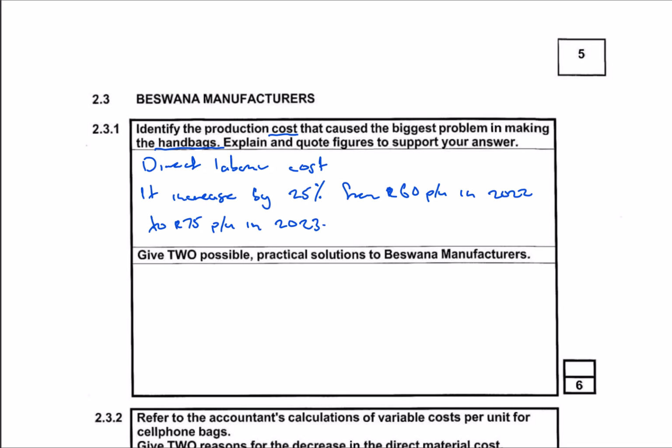Direct labor cost. That might be because of wastage, and wastage can cause production cost to increase, because a lot of material is being wasted, or people are not trained to do what they are doing, so they're taking longer.